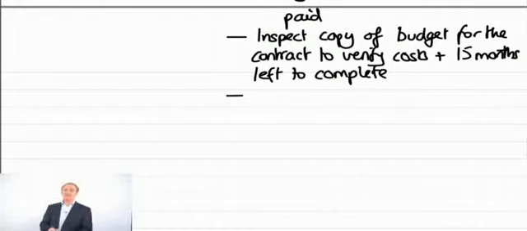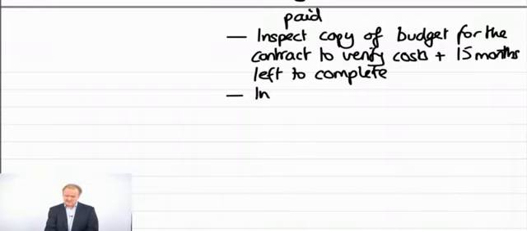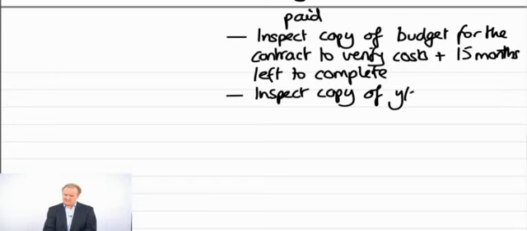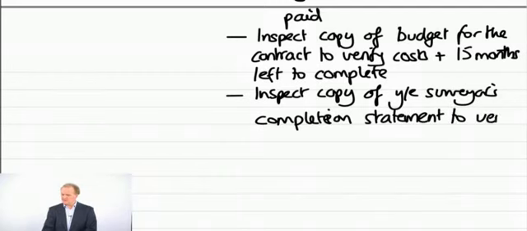How do I know it's 1/3 finished? Well, at the year end, the company should be getting a surveyor to sign off how finished it is. So I would inspect a copy of the year end surveyor's completeness or completion statement to verify 1/3 complete.